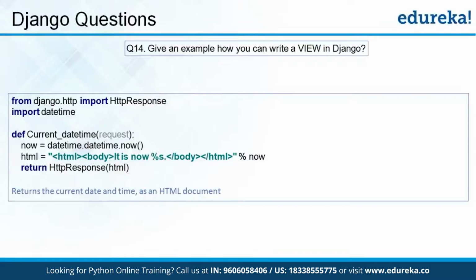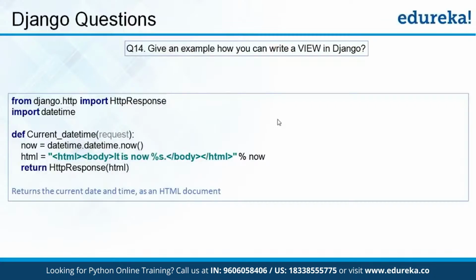So you'll get an HTML response showing the current date and time, something like: it is now 11:10 a.m. It pulls the information from datetime.now, puts it in the HTML, replaces the %s with that information, and returns the HTML response.